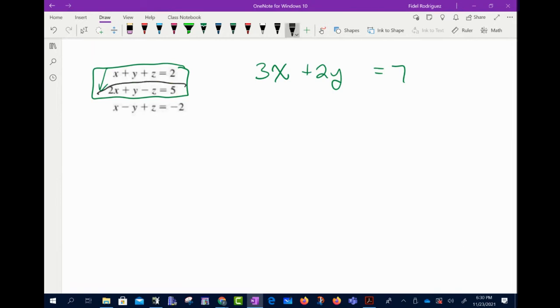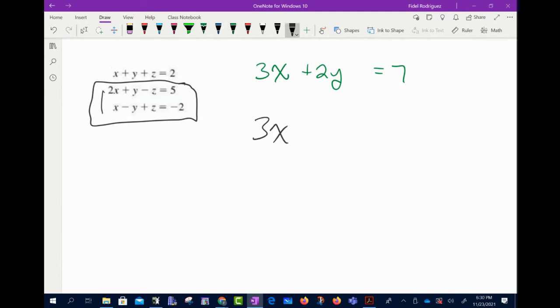Let me take the second two equations and let me add those together. And let me see what we end up with. Let's see, 2x and 1x is a 3x. Let's see, a plus y and a minus y cancel. A plus z and a minus z also cancel. 5 minus 2 is equal to 3. Okay.